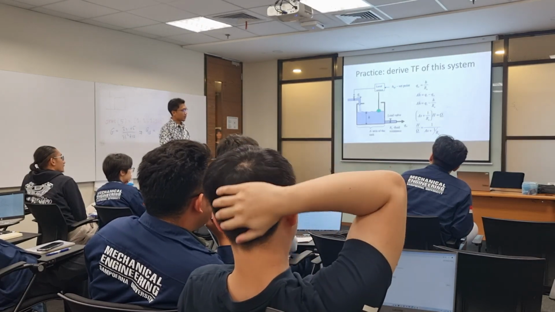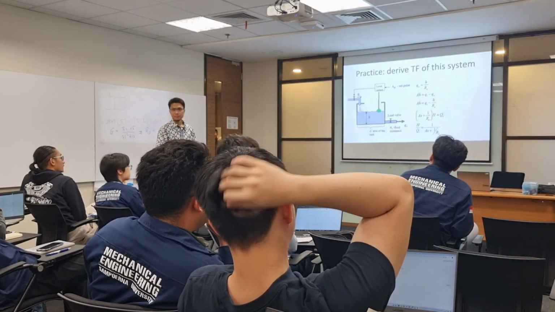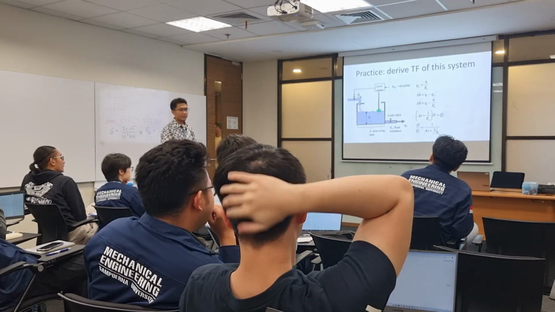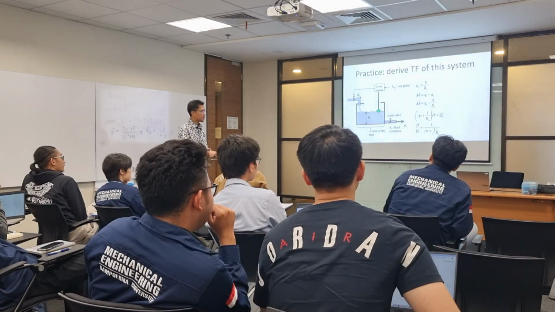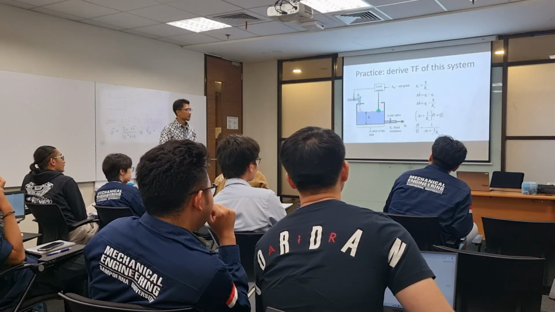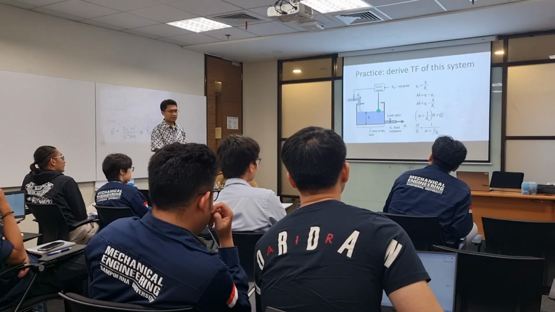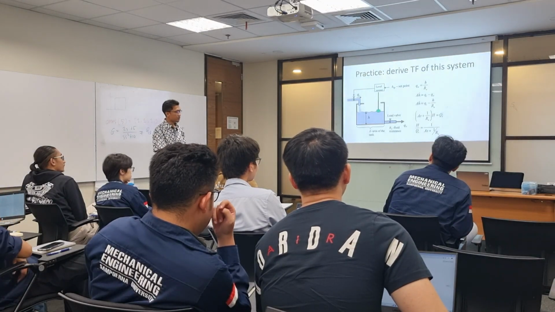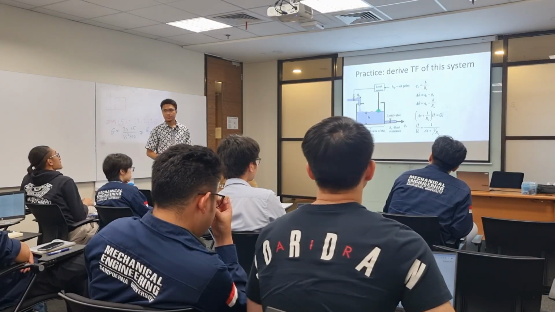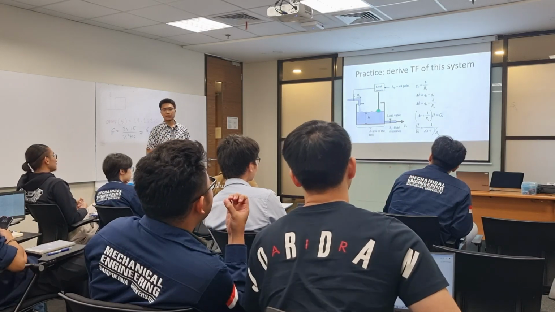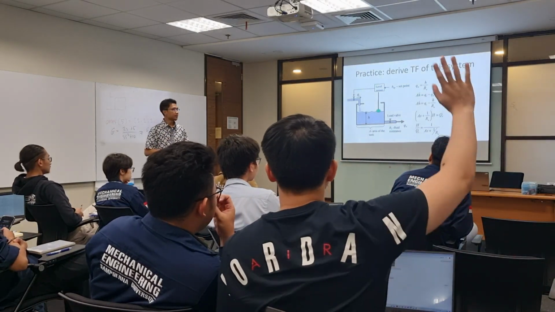And then from here, you take the Laplace transform and then reorganize the terms. Okay, and then finally, for this last step, you move all of this term to the right side. So it is 1 over AS plus 1 over R0.